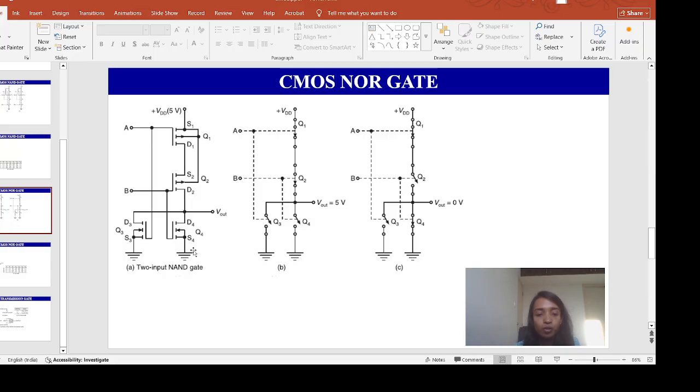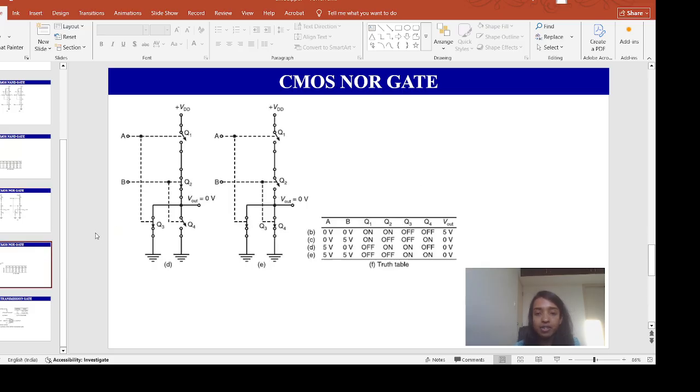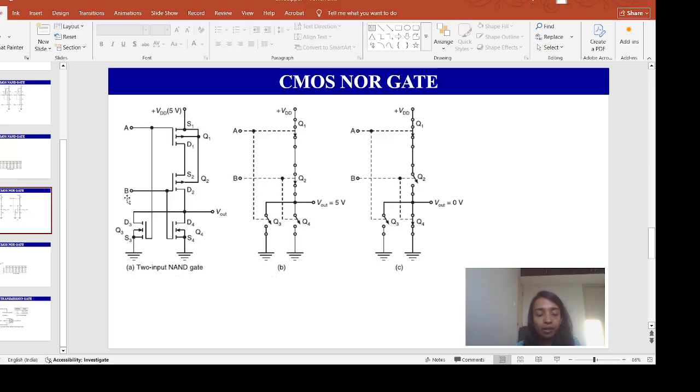This condition is shown in figure D, and in this condition my output voltage will be 0. Now if you apply A plus 5 volt and B plus 5 volt, what will happen?